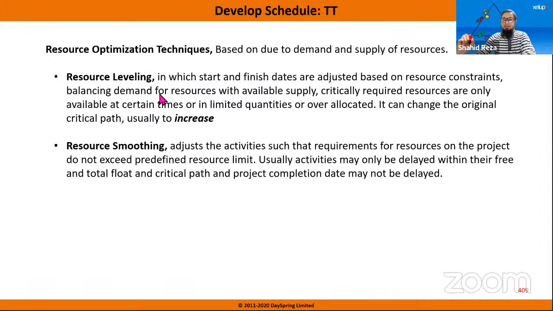So what does resource leveling try to do? If there is any crisis related to a resource, it tries to find out the slack or float or next available time of that resource and shift the task to the available time of the resource.